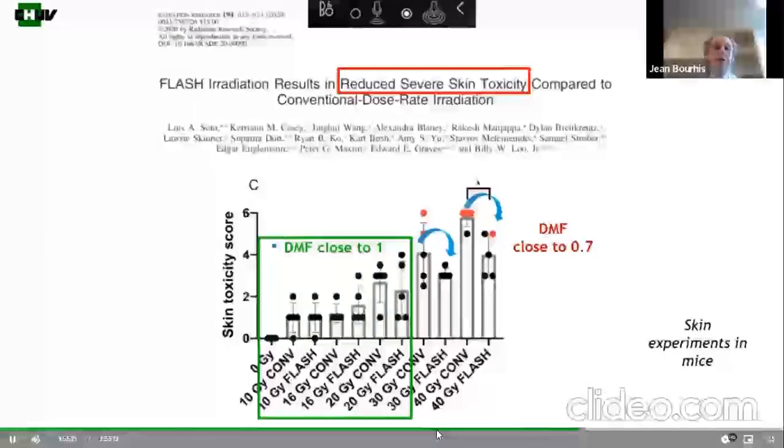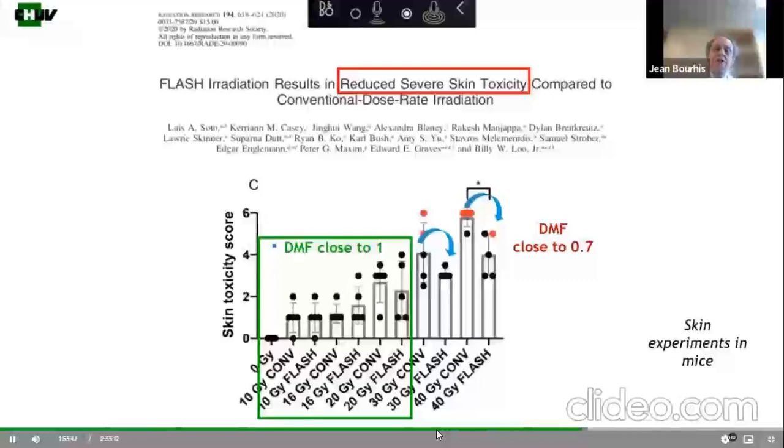And if we take this example from Soto, you see that for the lower dose, 10 gray to 20 gray, there is relatively minimal differences between normal tissue reactions for conventional and flash, which is related to the fact that these reactions are not severe in both cases.